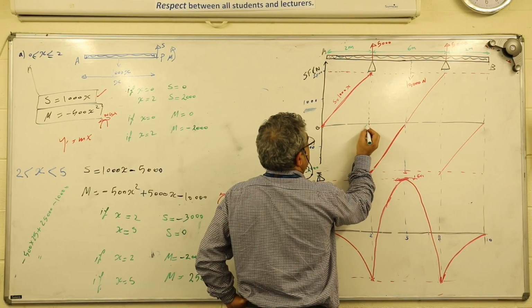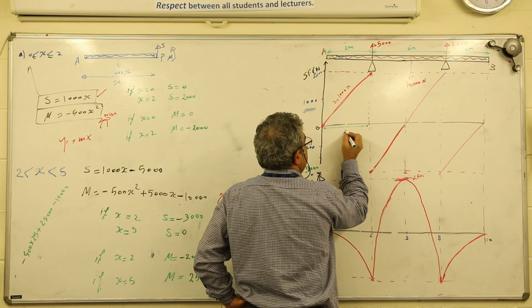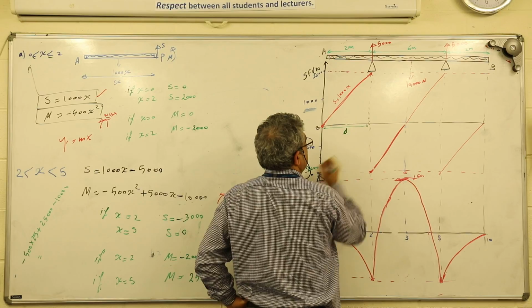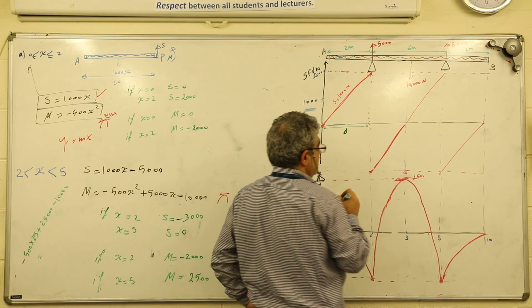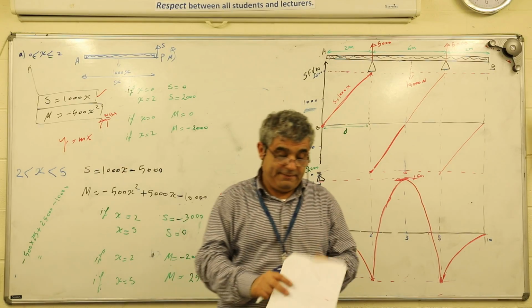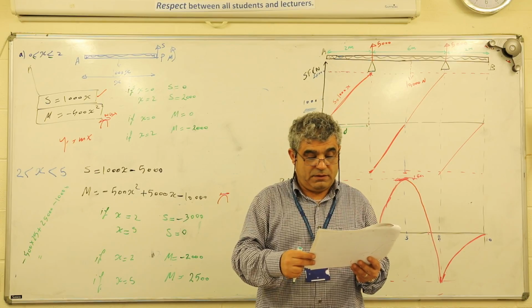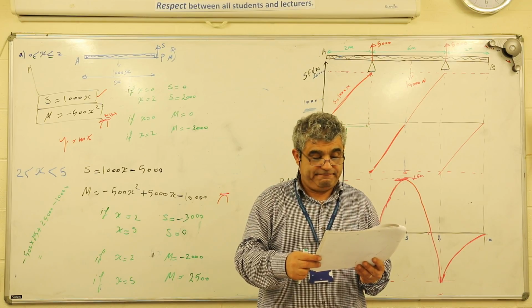What's this distance up to here? 2 meters. Shall we call it a d? We don't know. Okay, we call it d, and we solve the equation for d in order to find the minimum distance, isn't it?